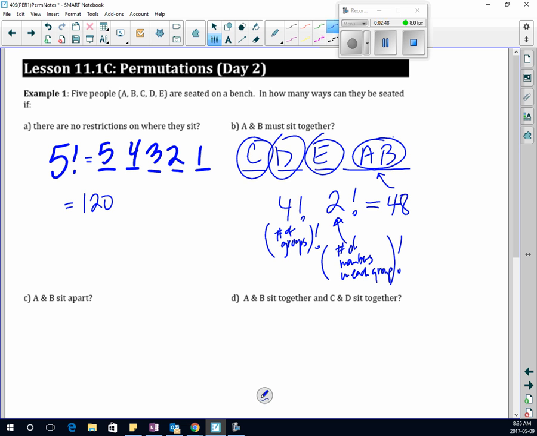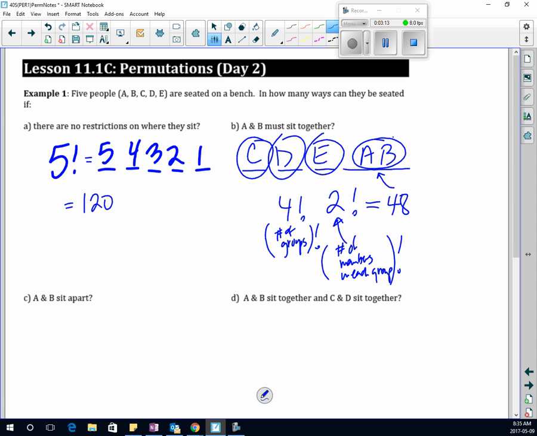Okay. So how many ways can A and B sit apart? Okay, so this is what's called a binomial distribution, meaning A and B either sit together or they sit apart. Do you understand that?